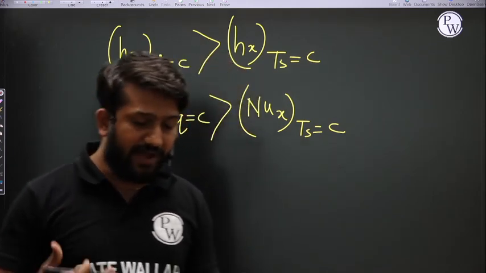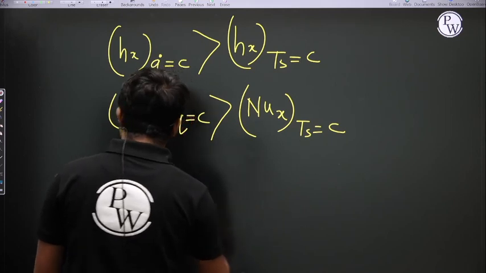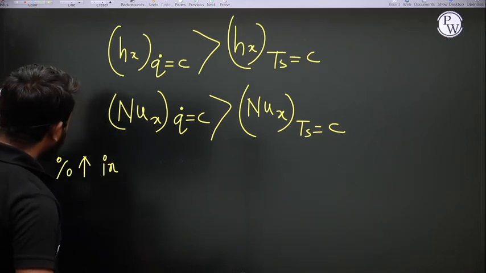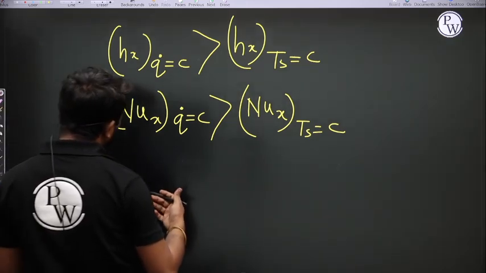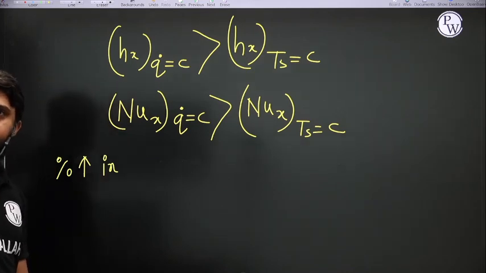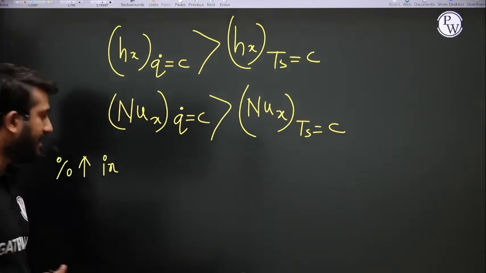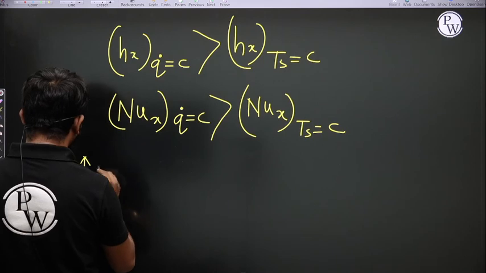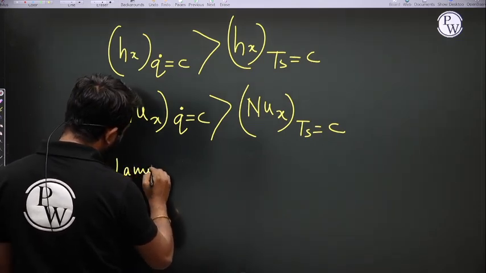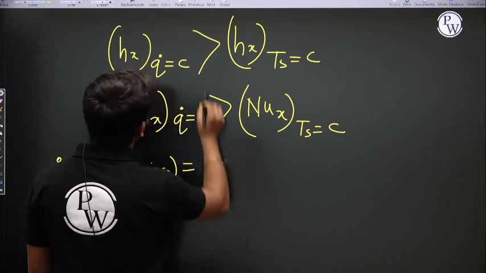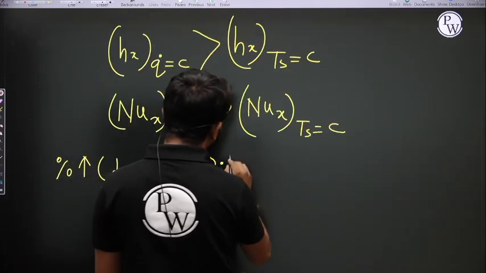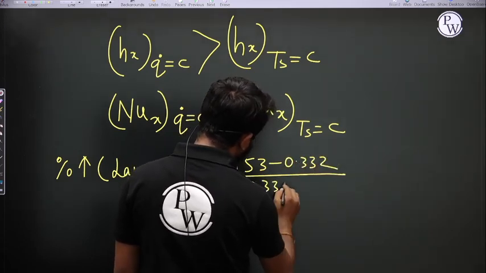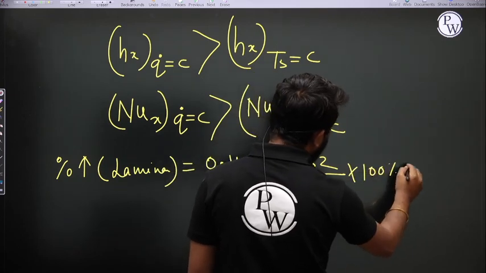Is it clear? Now, if I want to find out the percentage increase in the constant heat flux case as compared to the constant wall temperature case, for the laminar case, that is (0.453 minus 0.332) divided by 0.332, into 100%. So this comes to approximately 40%.